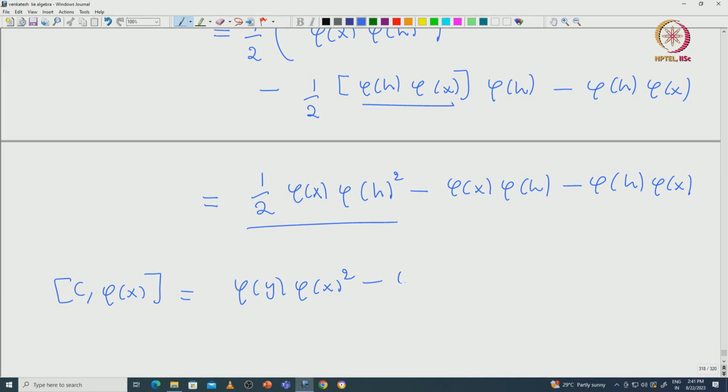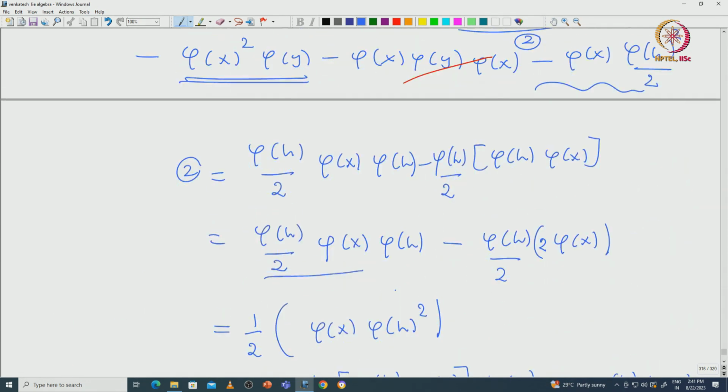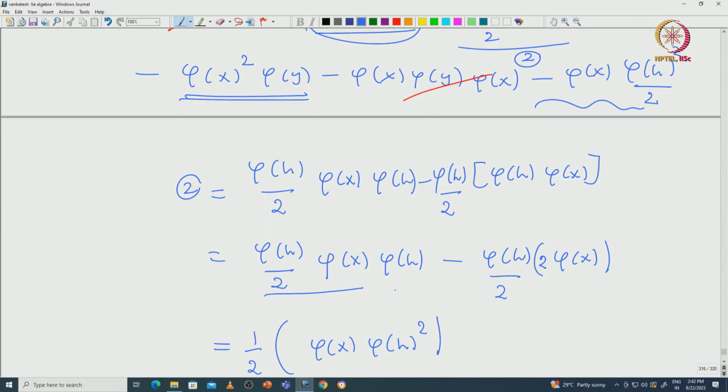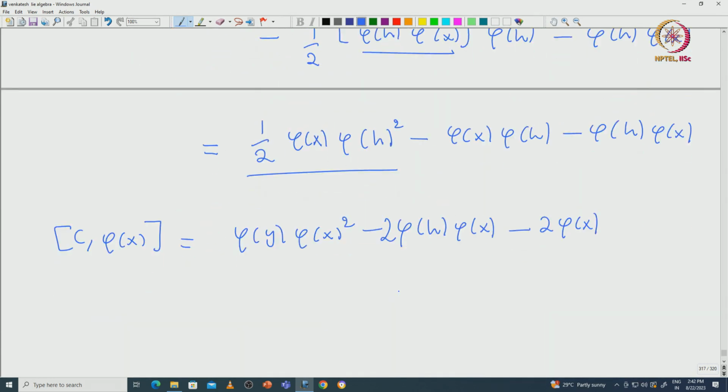If I switch phi h phi x and then minus plus the bracket h x, which will be 2 phi x. But h x will be minus. So, this will be minus this, and then you will have this minus here, that will add up here, and then you can take this minus phi x square phi y.